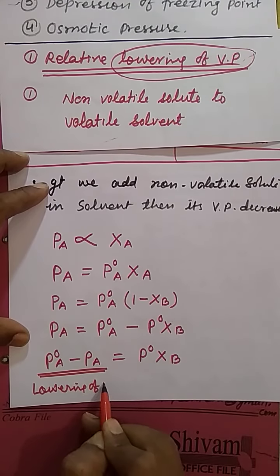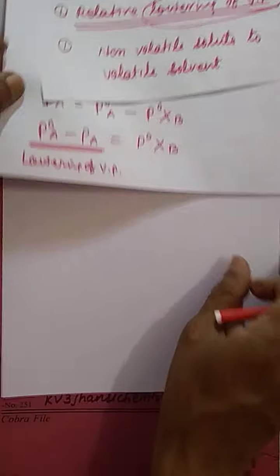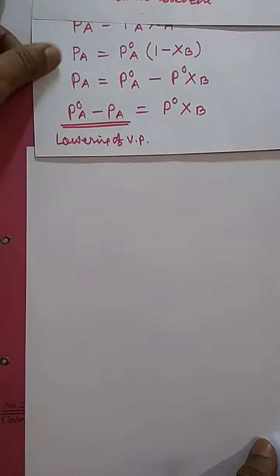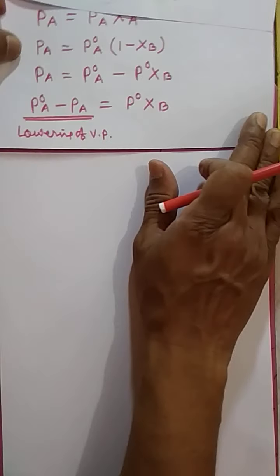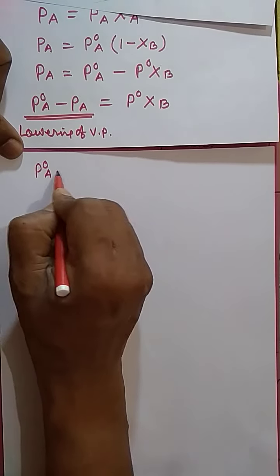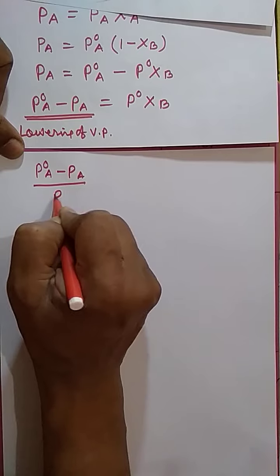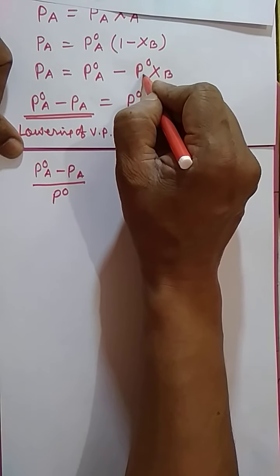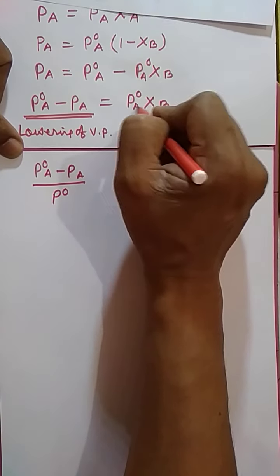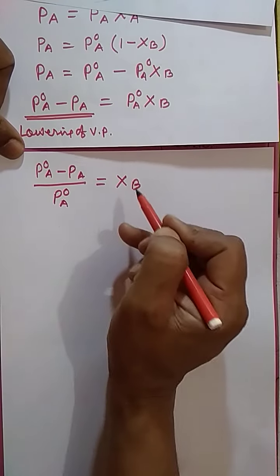Now in next step we can write P naught A minus PA upon P naught A, this is equal to XB.